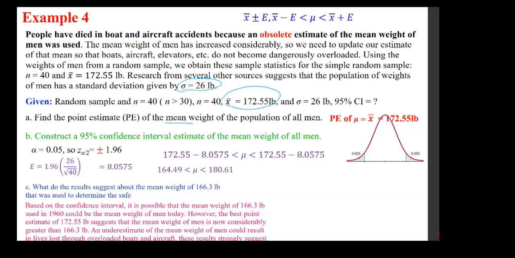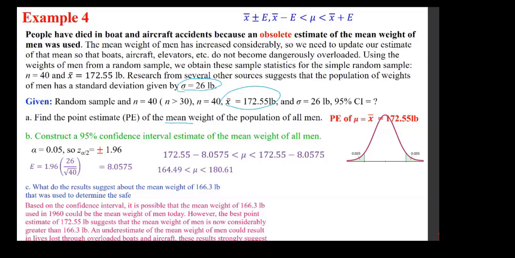Based on the confidence interval, it is possible that the mean weight of 166.3 pounds used in 1960 could be the mean weight of men today. However, the best point estimate of 172.55 pounds suggests that the mean weight is now considerably greater than 166.3. An underestimate of the mean weight of men could result in lives lost through overloaded boats and aircraft.